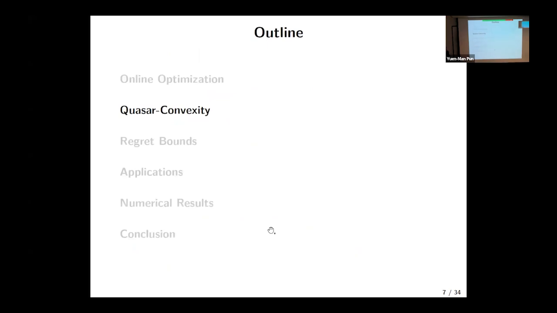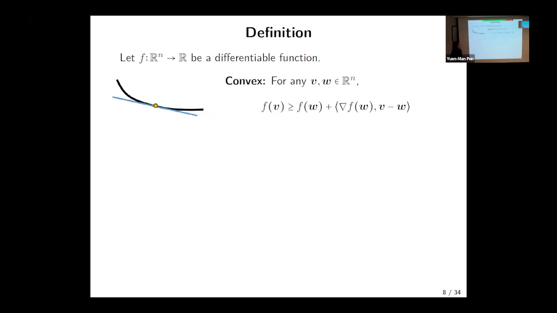Now let's talk about quasar convexity. Let f be a differentiable function, and we start with the standard notion of convexity first. So we know that for every convex function we can find a linear global underestimator. So every value can be lower bounded by the linear global underestimator here.